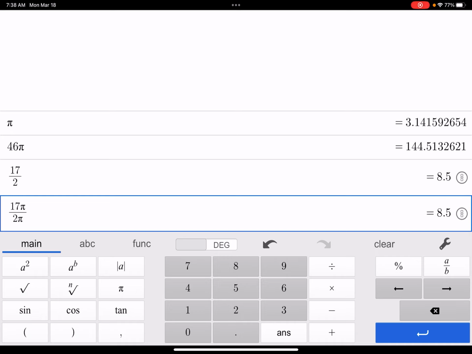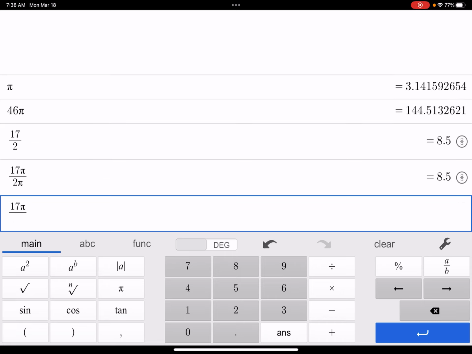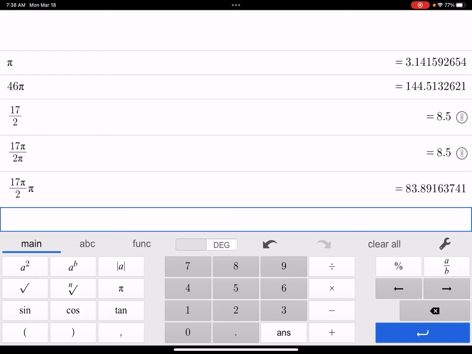Okay, this calculator went ahead and automatically put it in as a fraction, and we got the correct answer of 8.5. What some calculators will do is they will get you this answer here, 17 pi, and then divided by, and if you don't put parentheses in your multiview, you're going to end up with this answer, which is obviously not what we're looking for.